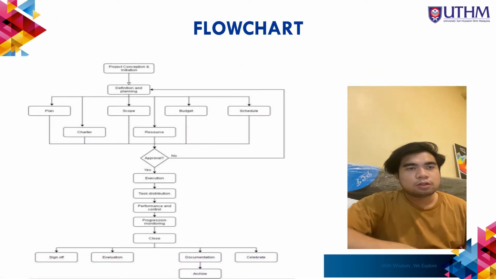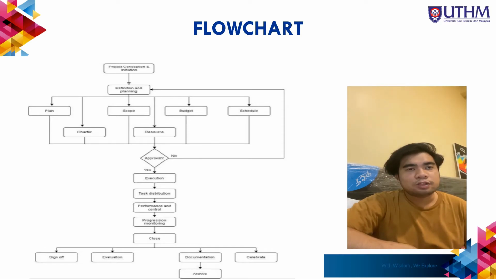This is our flow chart. The chart starts with project conception and initiation, and then goes down to definition and planning. In definition and planning, there are plan, charter, scope, resources, budget, and schedule. If approved, we will do the execution, task distribution, performance and control, progression monitoring, and close.